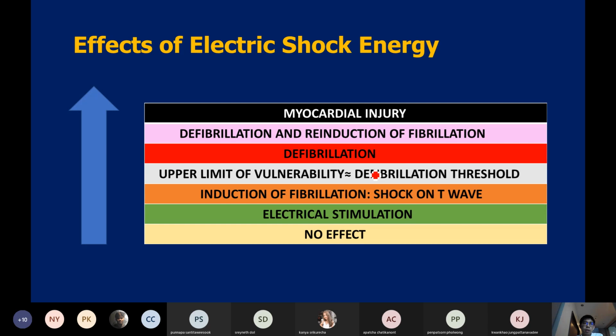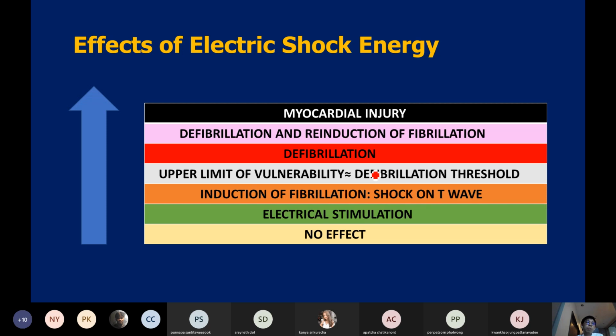But if you repeatedly shock the patient, there may be myocardial injury, or an induction of fibrillation, which is the R on T phenomenon. It occurs when you put power into the heart during the T wave on the ECG.